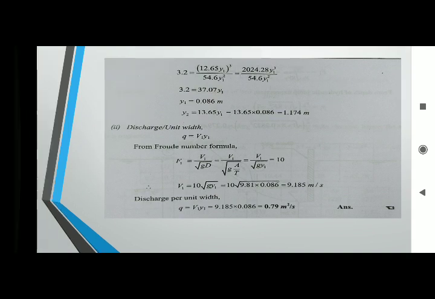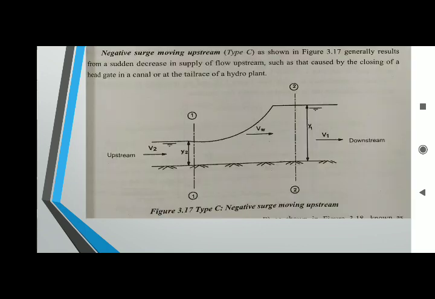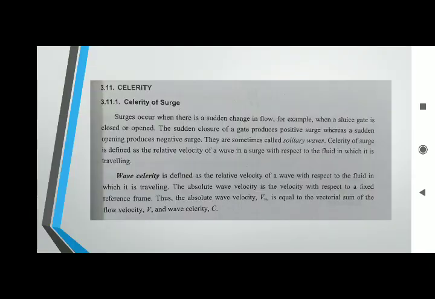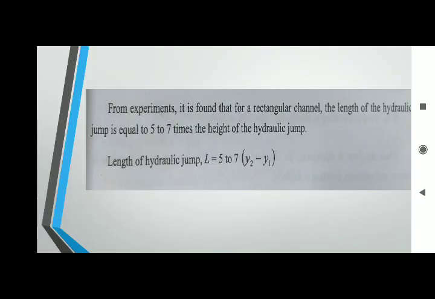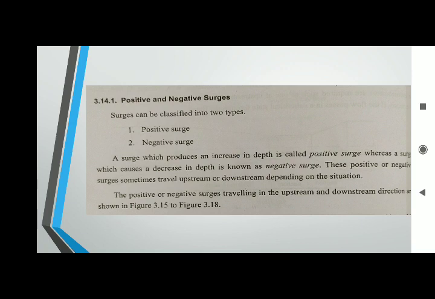Okay. Now again we revise what are the things we discussed so far. Here we discussed about what is surge. Surge is nothing but a sudden increase in depth of water due to opening or closure of sluice gates or shutters.